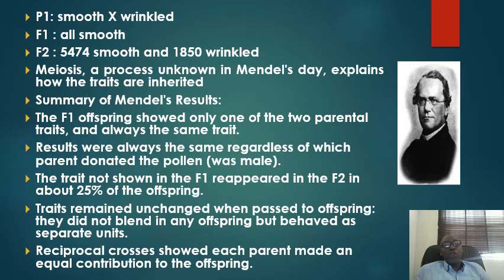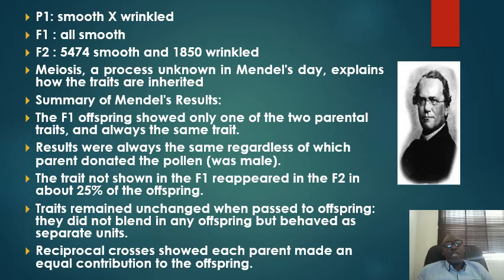The F1 offspring showed only one of the two parental traits, and always the same trait. The results were always the same regardless of which parent donated the pollen. The trait not shown in the F1 reappeared in the F2 in about 25% of the offspring, and this is regarded as the recessive trait.